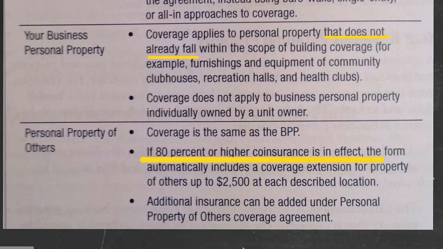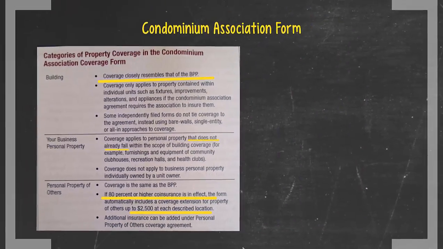If 80% or higher coinsurance is in effect, in other words, the insured is carrying 80% of the value, the form automatically includes a coverage extension for property of others, up to $2,500 at each described location. Additional insurance can be added under personal property of others coverage endorsement.